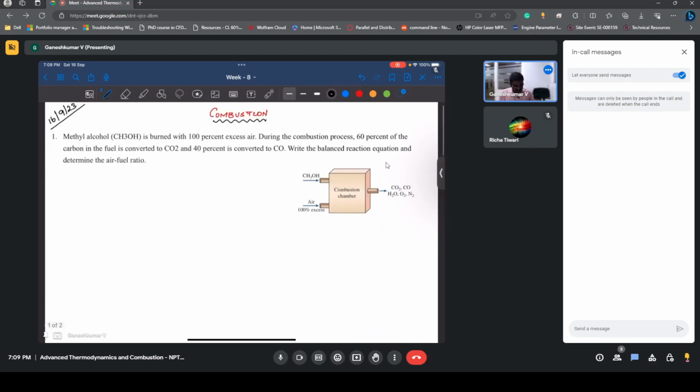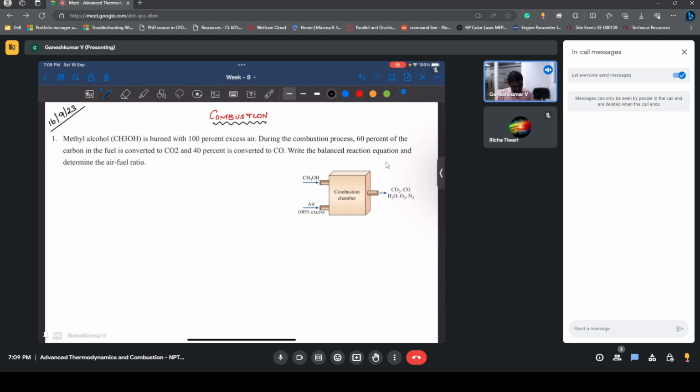So the first question deals with methyl alcohol and percent excess air. Methyl alcohol is burned with air, but with an excess of 100%. During the combustion process, 60% of the carbon in the fuel is converted to CO2, and 40% is converted to CO. Write the balanced reaction equation and determine the air fuel ratio.